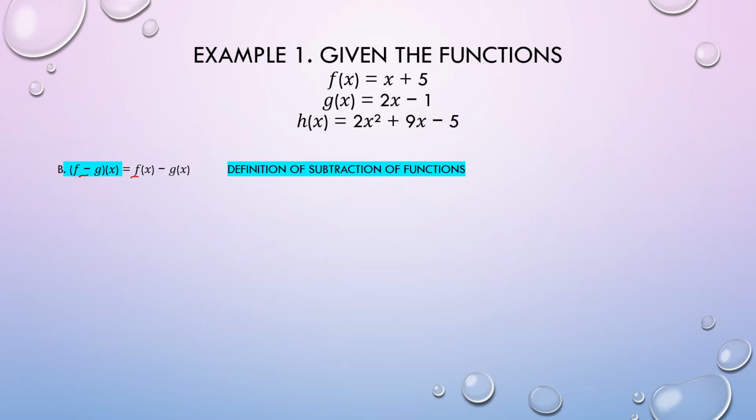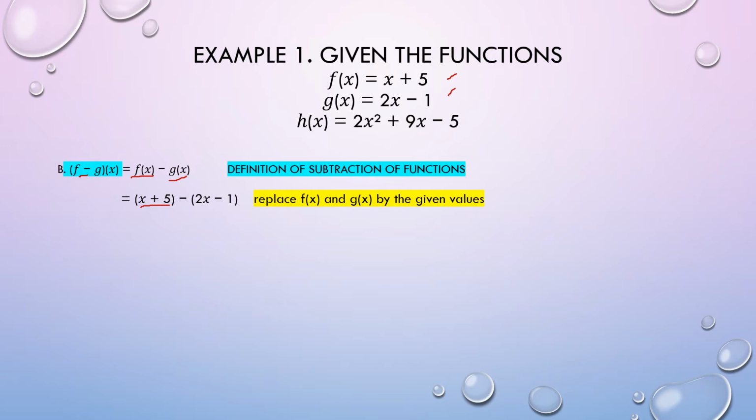So we are going to use the function f of x, subtract g of x. So take a look again at the functions above. We have here x plus 5, and for g of x, we have 2x minus 1. Okay, so we substitute or replace f of x and g of x by the given values.